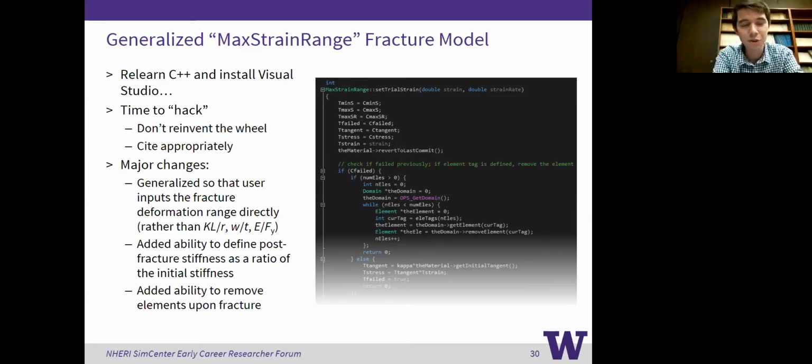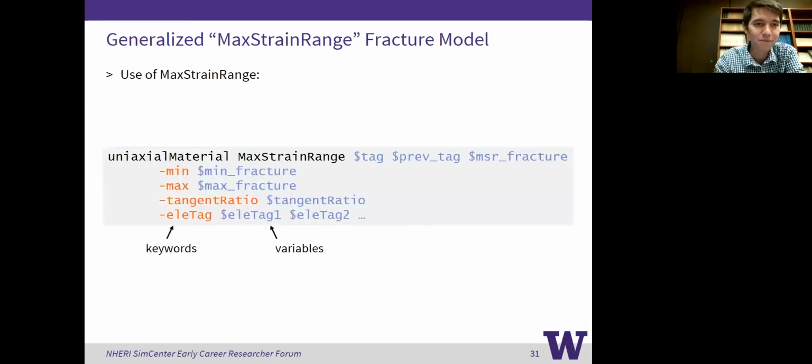And so this was a more complicated behavior. Actually, this one took the most time to code, but we can go in and when the maximum strain range fracture is triggered, instead of just simply removing the material, we can remove different elements, okay? And this may be useful.